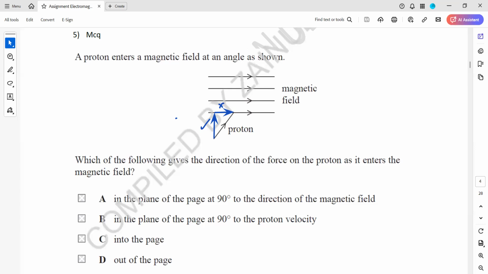Which direction will it experience the force? Because the proton is a positive particle, we'll use our left hand. So our index finger, or first finger, represents the magnetic field, which in this case is pointing towards the right-hand side. The second finger represents the direction of the motion of the particle. The particle is going in this way, so this will be the direction of the motion. And the thumb will represent the force acting on it.